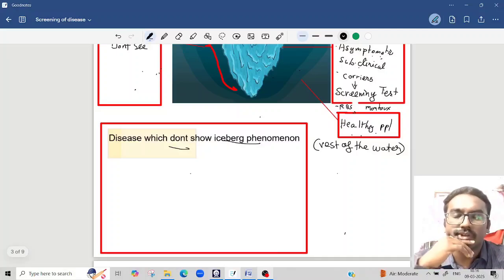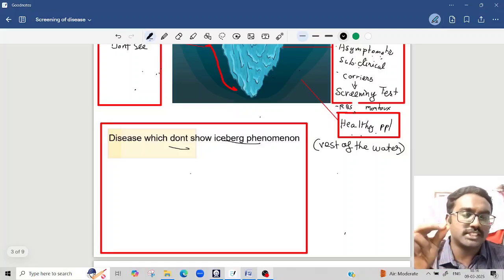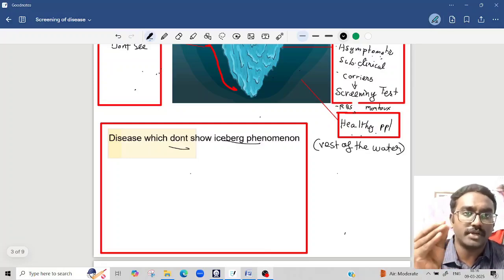Think of it: for a disease to show the iceberg phenomenon, there has to be a large gap between the entrance of the disease and the onset of symptoms. Imagine a person who is going to have HIV and then symptomatic AIDS. Some people have years together of incubation period.